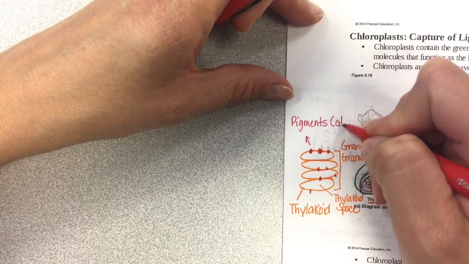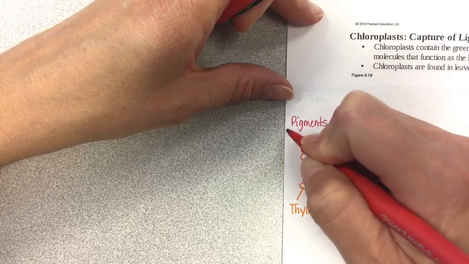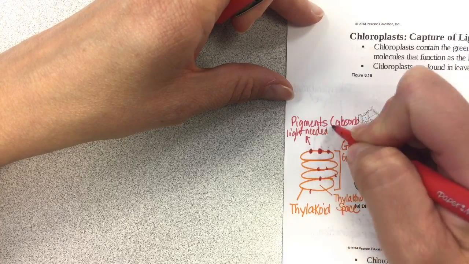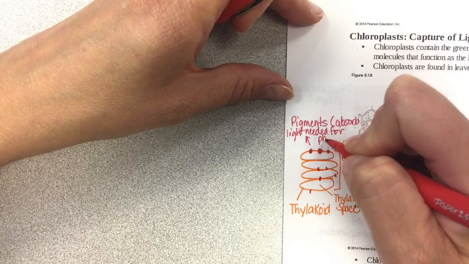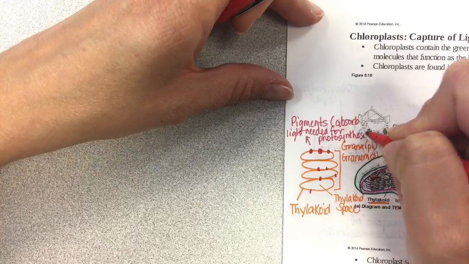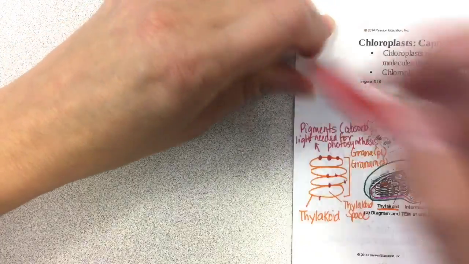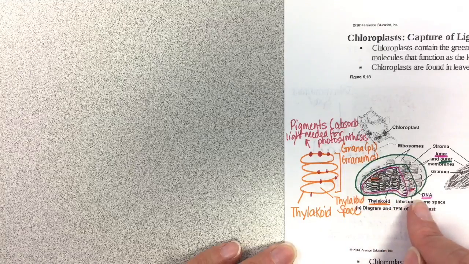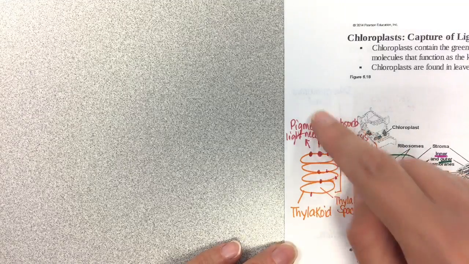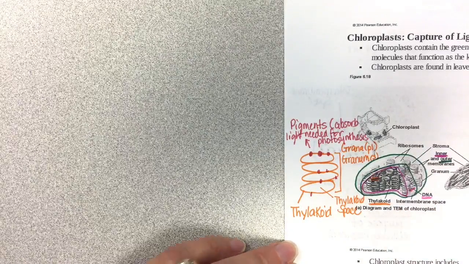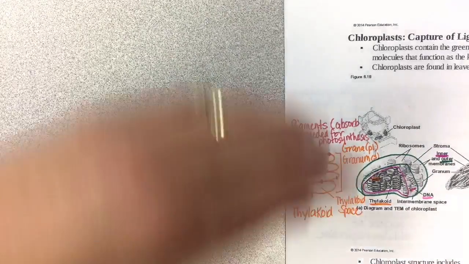They absorb light needed for photosynthesis. So guess what? The more surface area you have, the more thylakoids you have, the more pigments you have, the more light can be absorbed, the more energy you have to do photosynthesis. And so therefore, huge help in the process of photosynthesis.